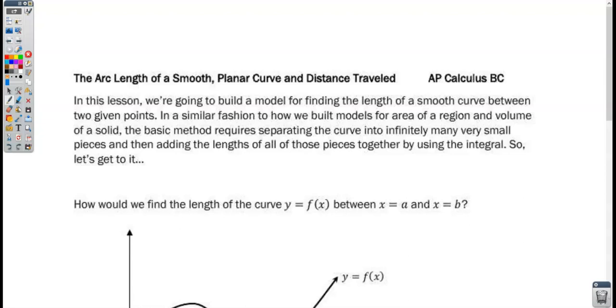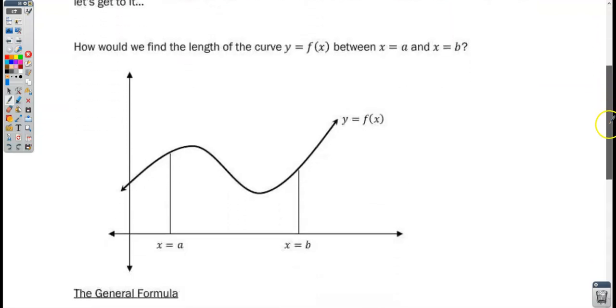An infinite number of infinitely thin rectangles in order to find area, an infinite number of infinitely thin squares, triangles, rectangles, circles, whatever, to find volumes. So when we're trying to find the length of a curve, we're going to subdivide the curve into an infinite number of very small lengths, and we're going to add those pieces together by using the integral. So let's take a look at what this looks like.